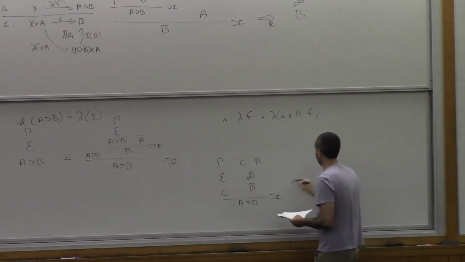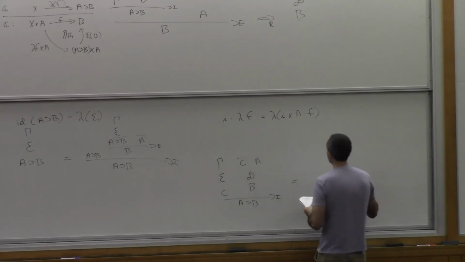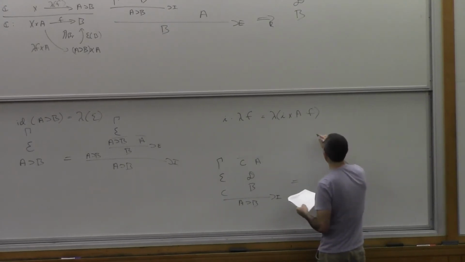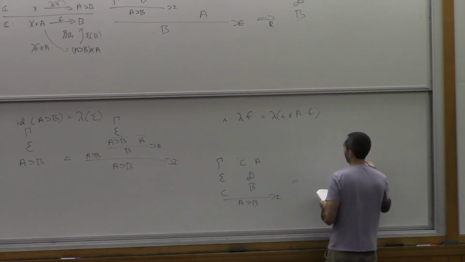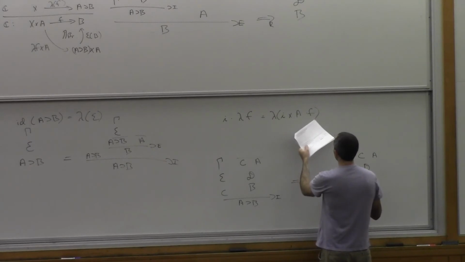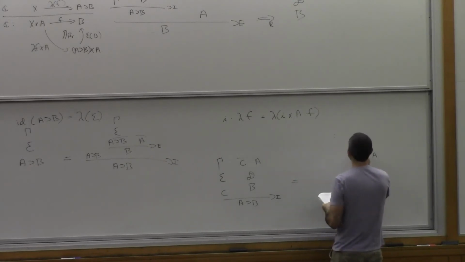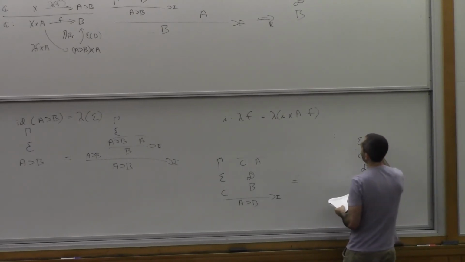And the right side says that first I take F, so that's the D going from C and A to D, and I precompose it with E across the identity on A, so nothing happens here.